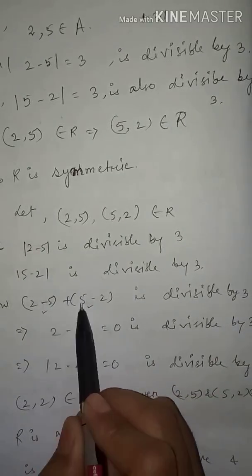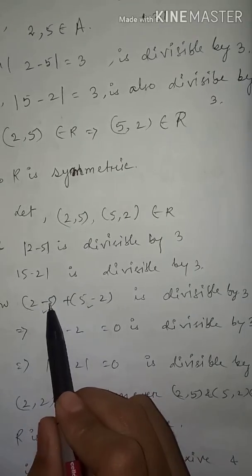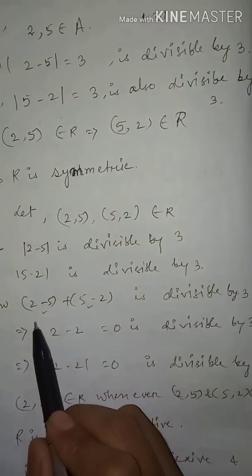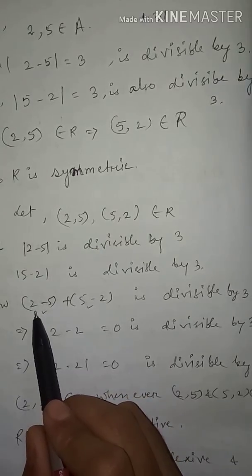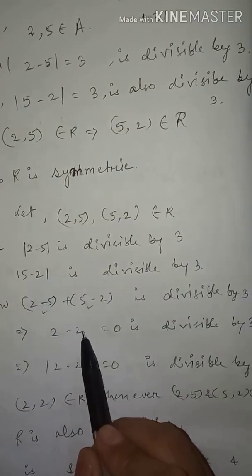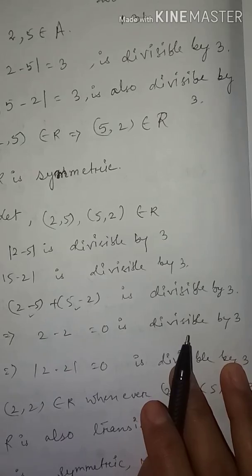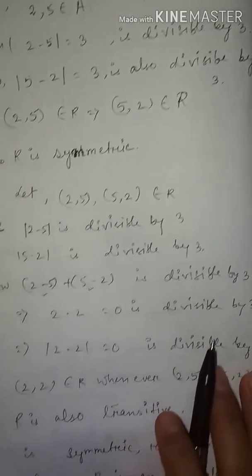Now, the sum of these two is nothing but 2 minus 5 plus 5 minus 2. Minus 5 plus 5 cancels out, the remaining is 2 minus 2, and 2 minus 2 is 0. We know 0 is divisible by any number, so 0 is divisible by 3 here.